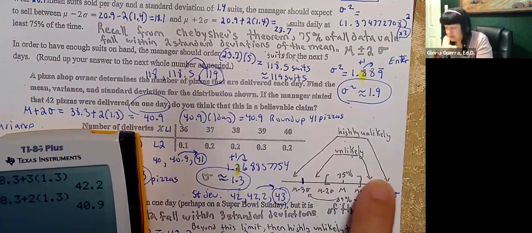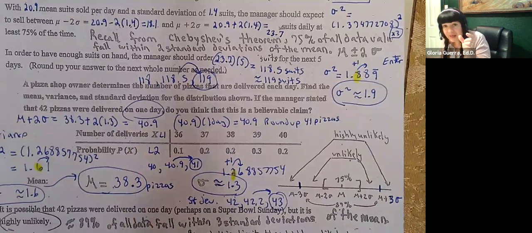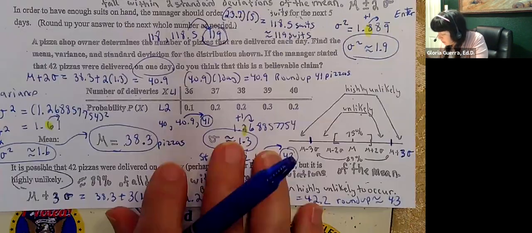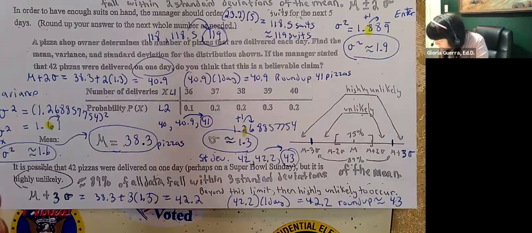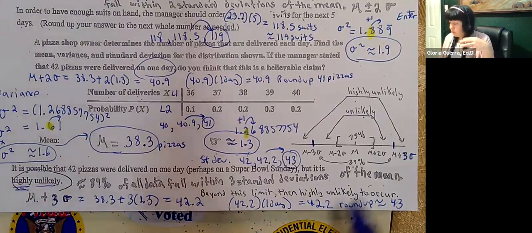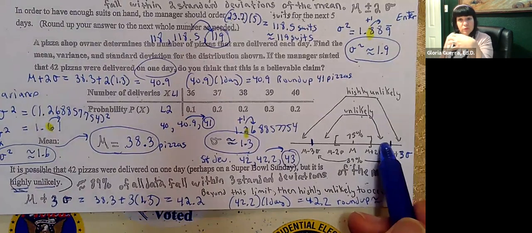So it's definitely possible. And you can argue either that it's unlikely or that it's highly unlikely. Yeah, you're in the ballpark over here, because this was 41 pizzas and this was 43 pizzas.